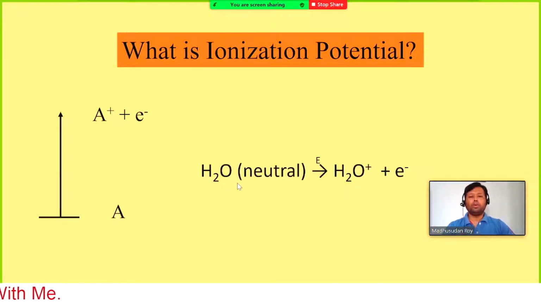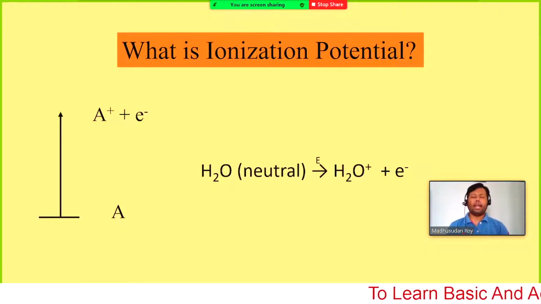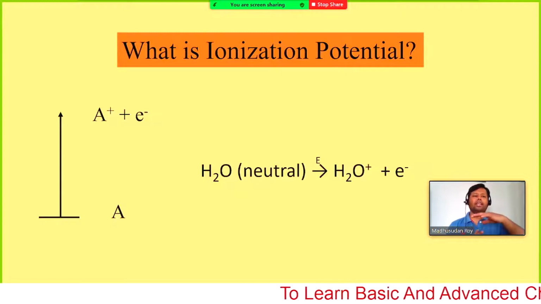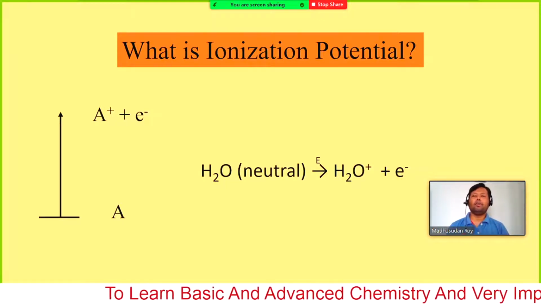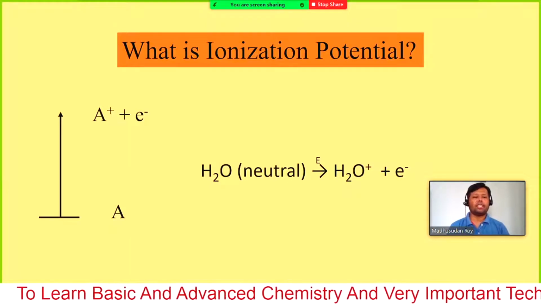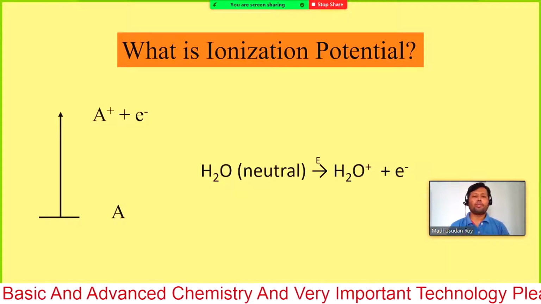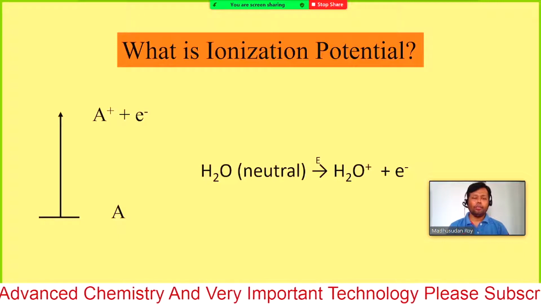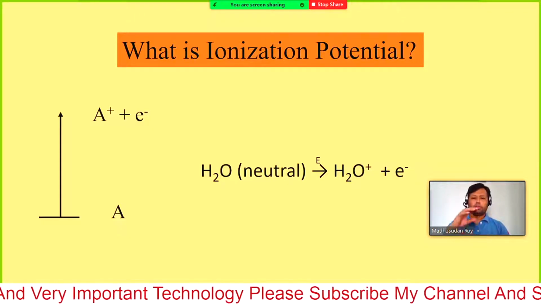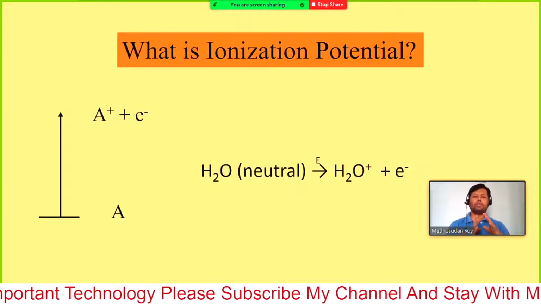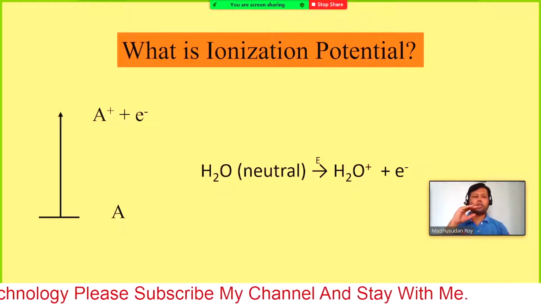Normally for any molecule or atom, it has some energy level. You are familiar with the energy level or shell, first shell, second shell, third shell, like this way. So if you have an atom, then the electron can move from one shell to another if you provide a certain amount of energy.